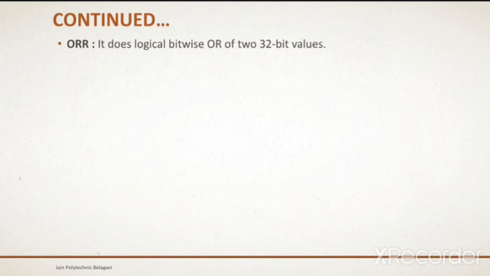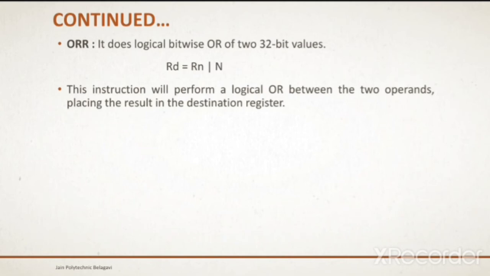The next instruction is ORR, that is OR operation. It does logical bitwise OR of two 32-bit values, that is Rd = Rn OR N. This instruction will perform a logical OR between two operands, placing the result in the destination register. ORR R0, R1, R2. R0 is equal to R1 OR R2.